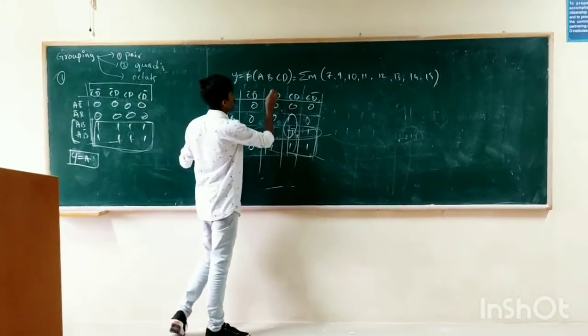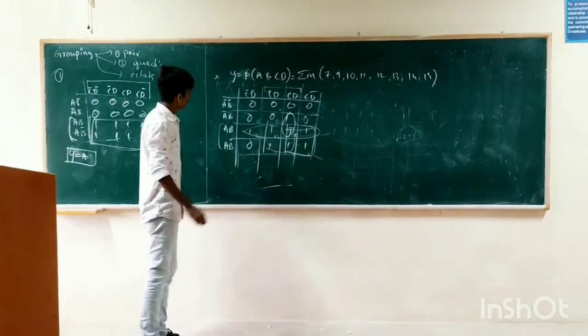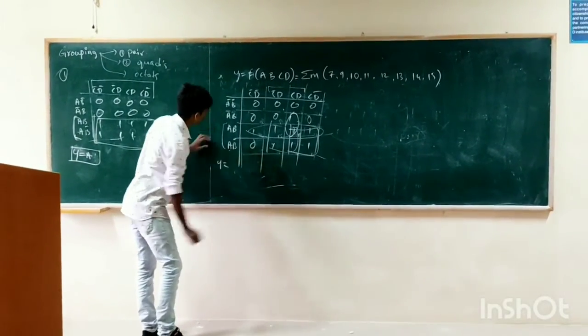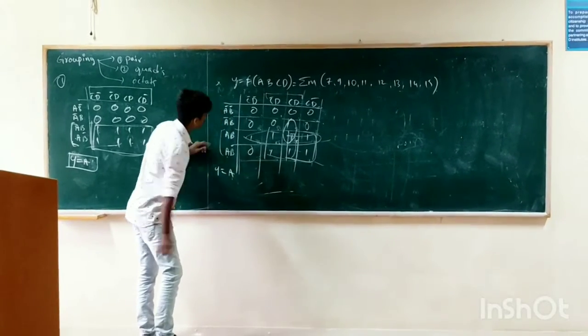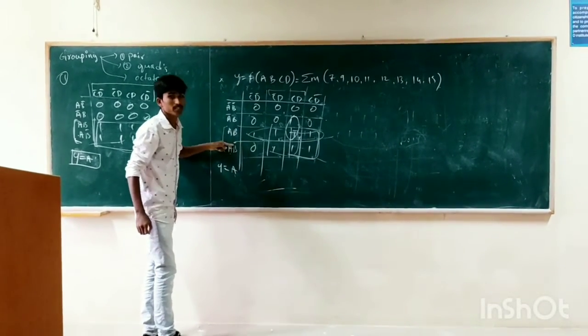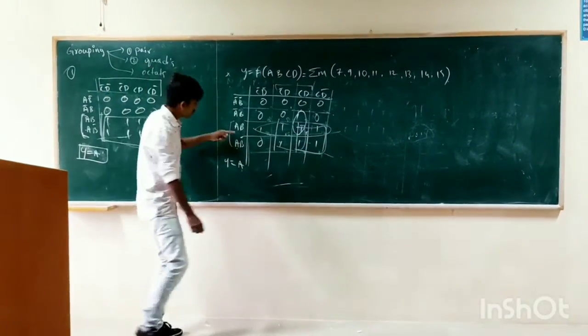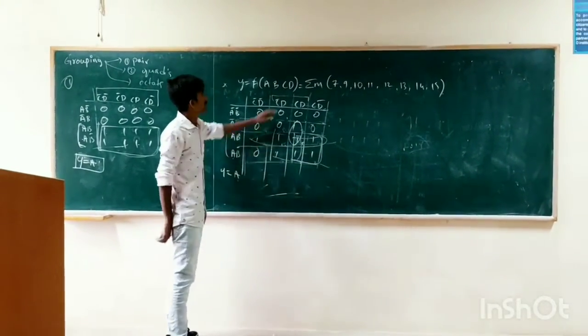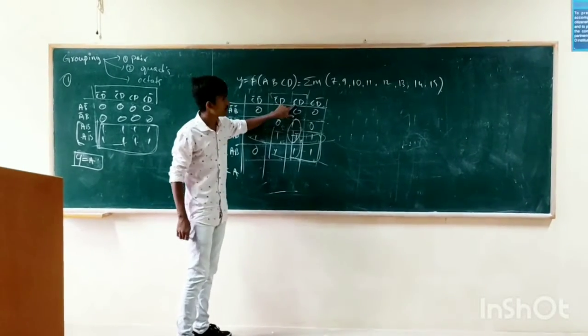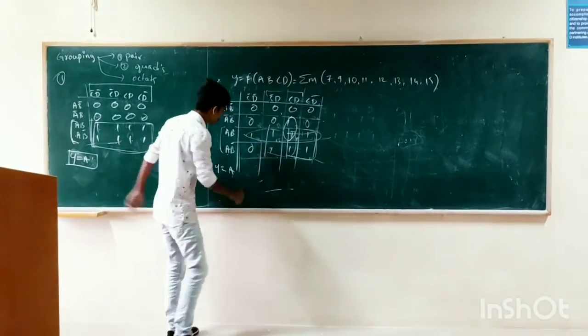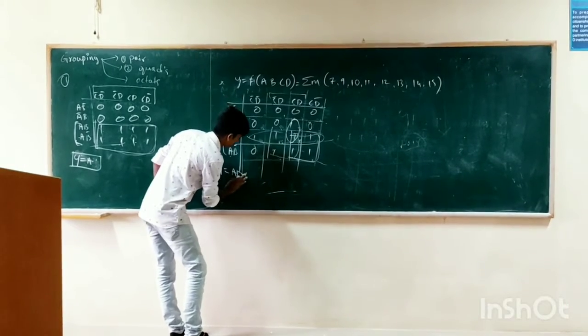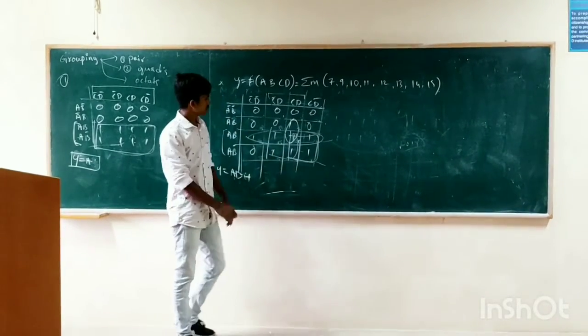Let's consider Y equals A is common, and B bar and B, uncomplemented and complemented, will be eliminated. And from here C bar and C will be eliminated, and D will be eliminated. So write D.